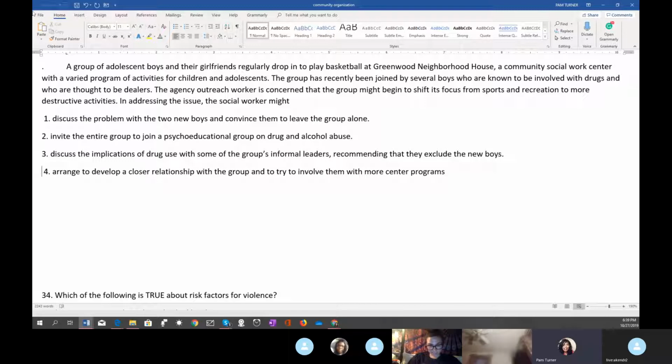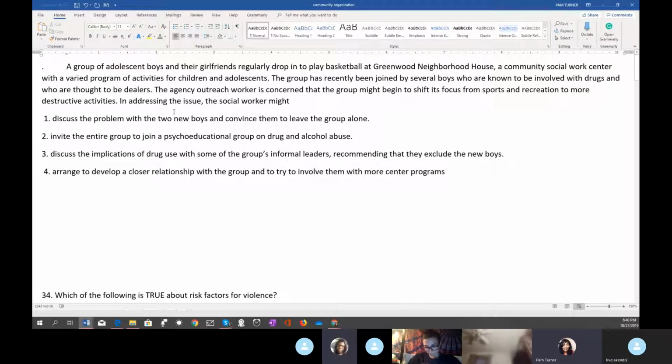A group of adolescent boys and their girlfriends regularly drop in to play basketball at the Greenwood Neighborhood House, a community social work center with varied programs of activities for children and adolescents. The group has recently been joined by several boys who are known to be involved with drugs and who are thought to be dealers. The agency outreach workers are concerned that the group might begin to shift its focus from sports and recreation to more destructive activities.